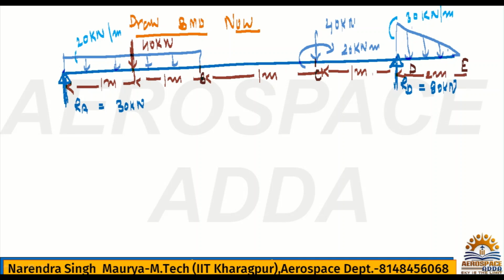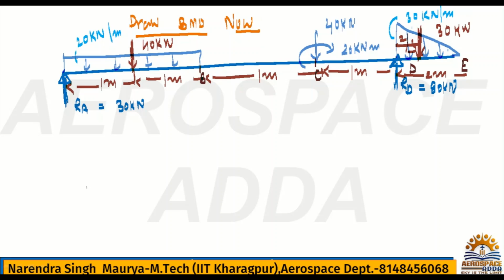The total load of UVL will be 30 kilonewton, base into height, halved. I told you how to write the total load, and this distance will be h by 3, which is nothing but 2 by 3 meter. Anyway, we'll solve that.